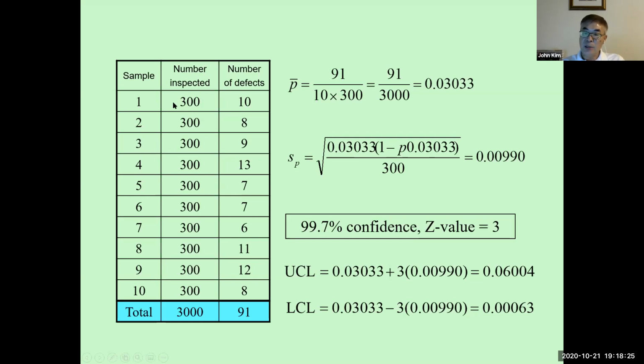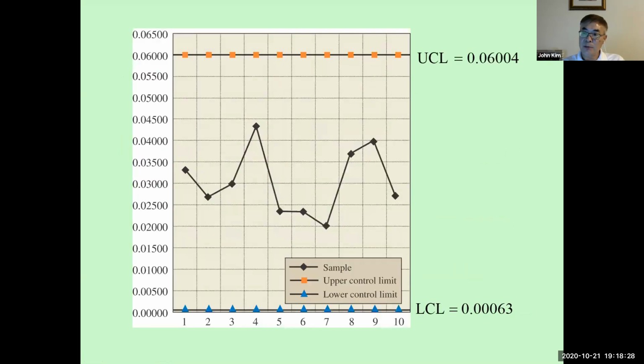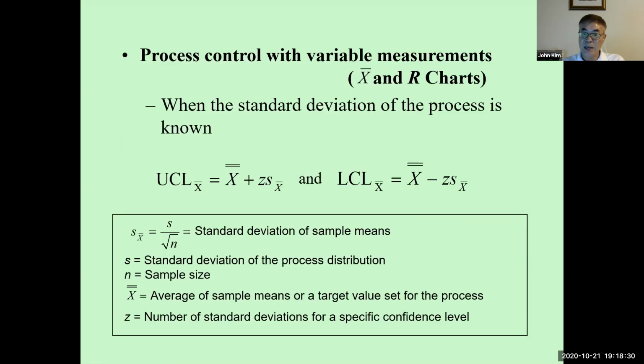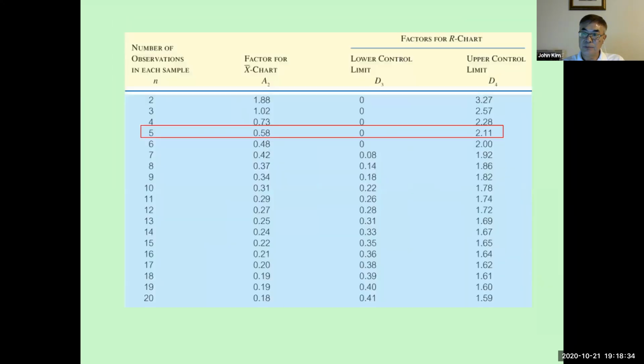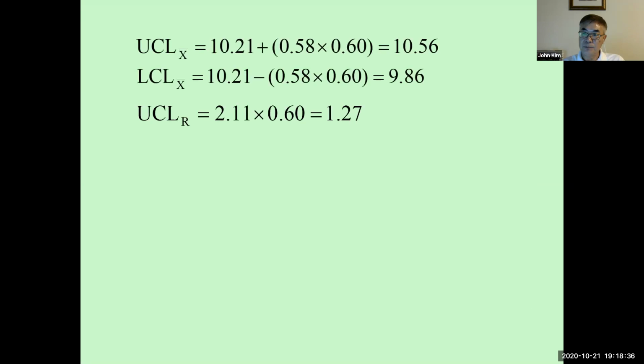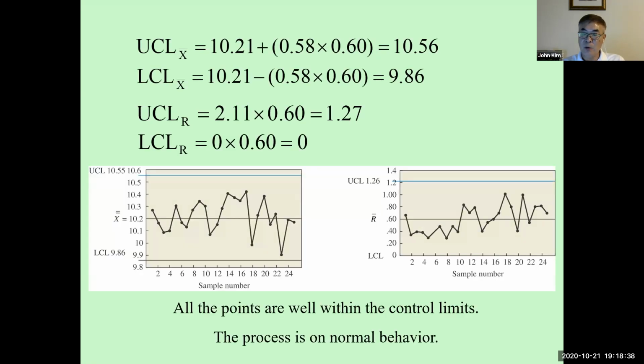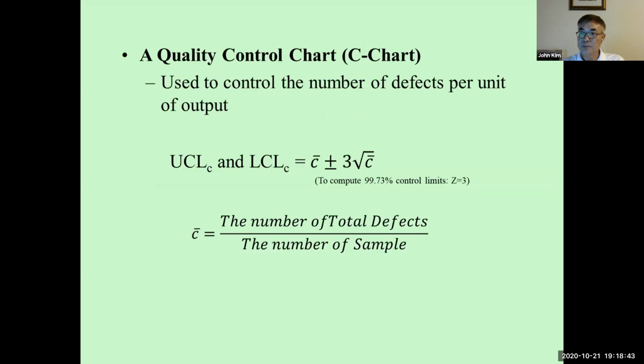C chart is similar, but there is no sample size. Just the time span or the period. Used to control the number of defect or something happen per unit of output.